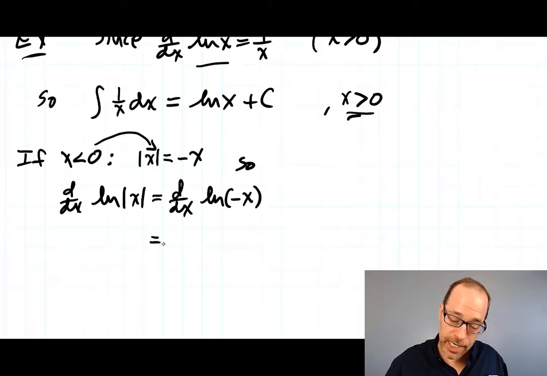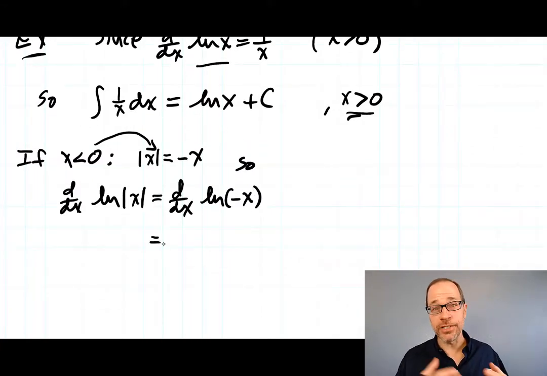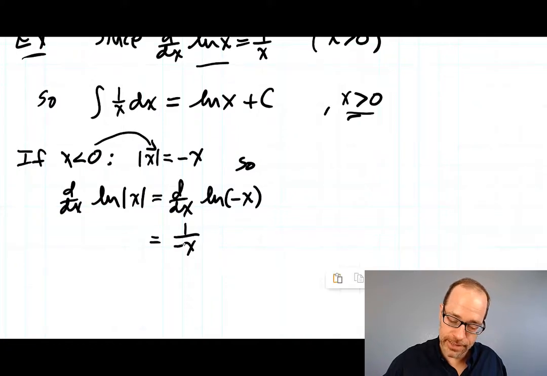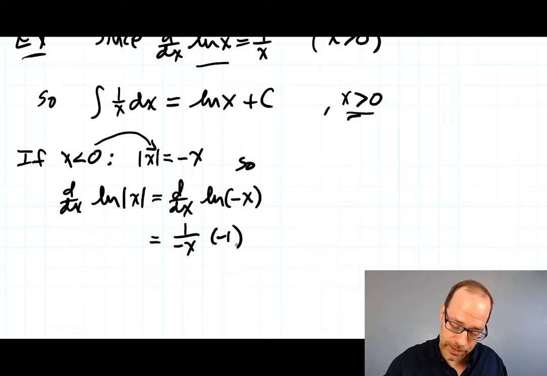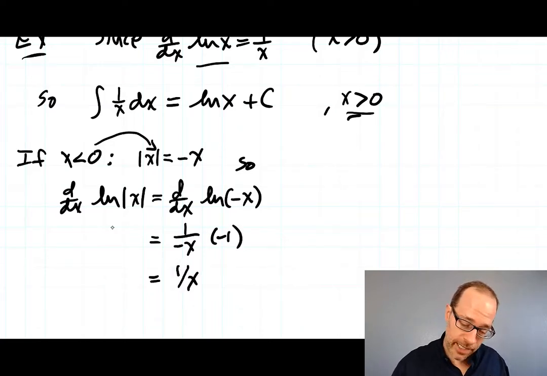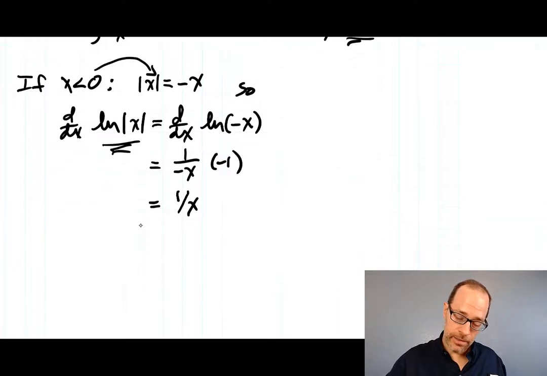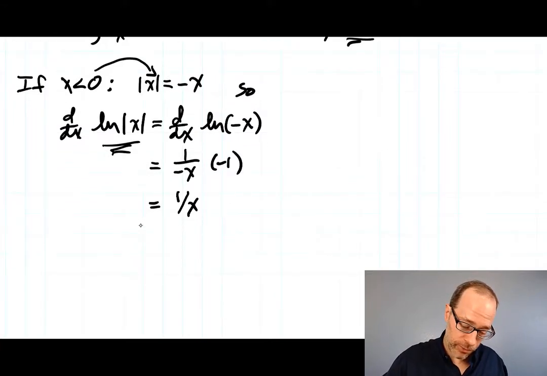And so now it's a chain rule problem where the outside function is log, inside function is minus x. So you take the derivative of the outside, 1 over x, plug in the inside, minus x, times the derivative of the inside. That derivative is minus 1. And so you get 1 over x. So that means for negative x's, log of the absolute value of x is an antiderivative for 1 over x.